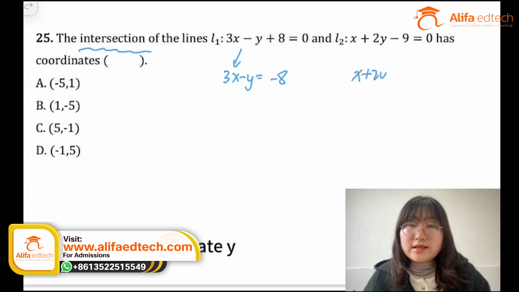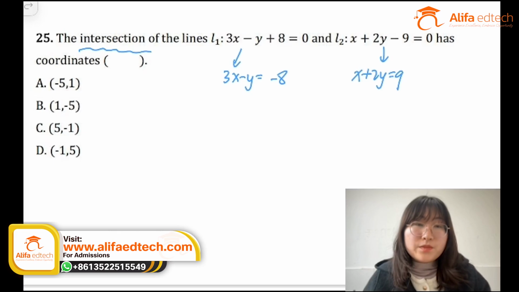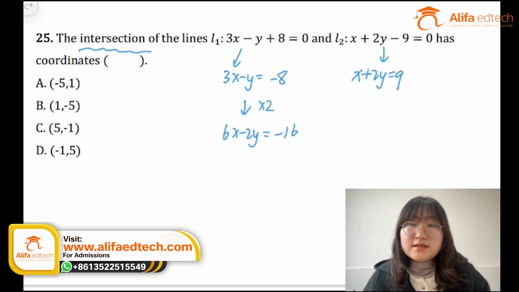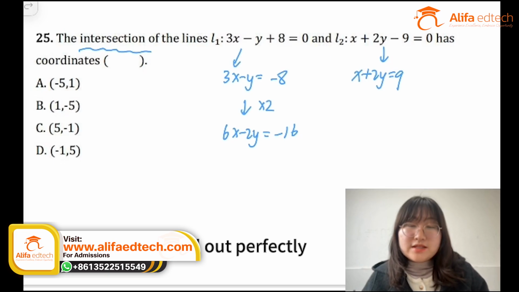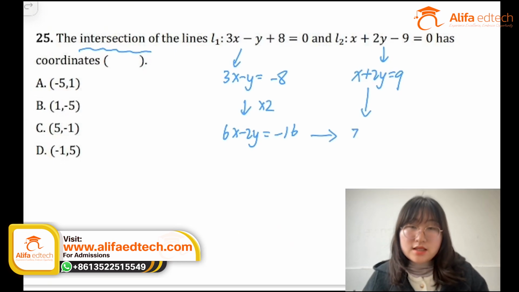To eliminate y, let's multiply the first equation by 2, giving us 6x minus 2y equals -16. Now add this to the second equation. The y terms cancel out perfectly, and we get 7x equals -7, meaning x equals -1.